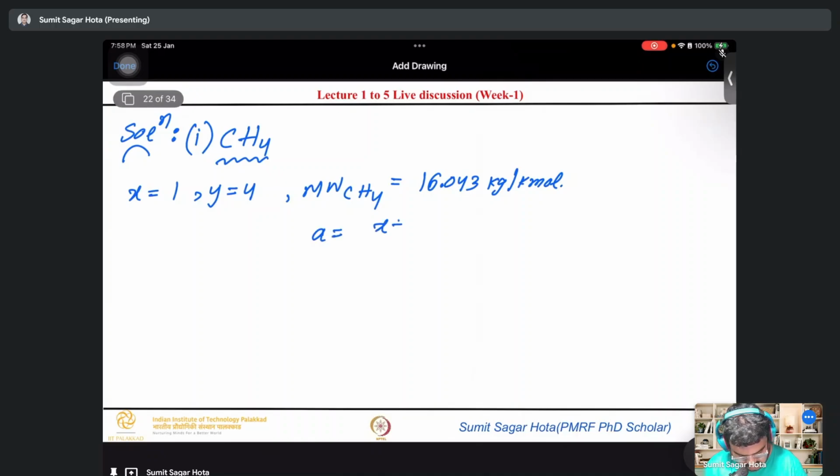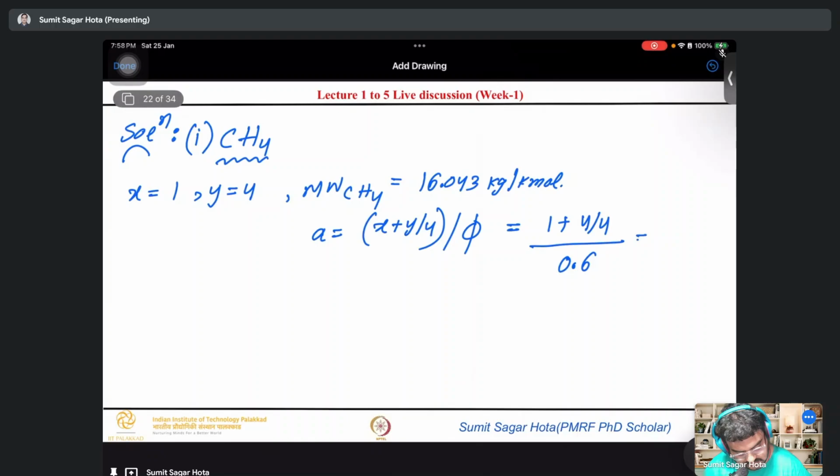A is equal to x plus y by 4 divided by phi, 1 plus 4 by 4 divided by 0.6, which is 3.33.